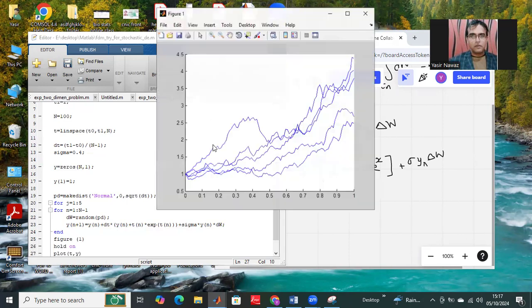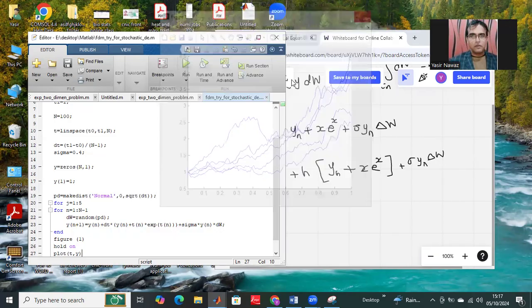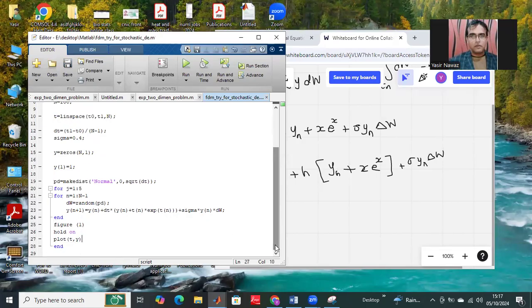So in one figure, all the solutions will be plotted. These are the five. So in one figure, I can even find their average.